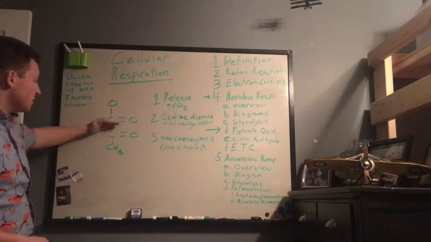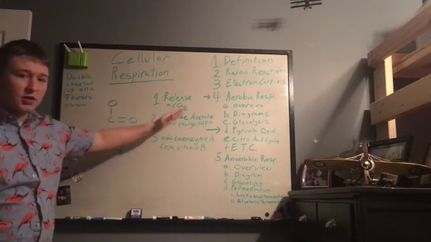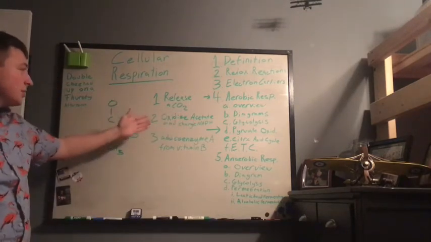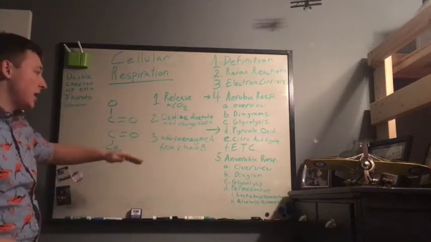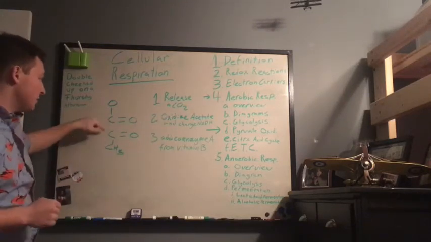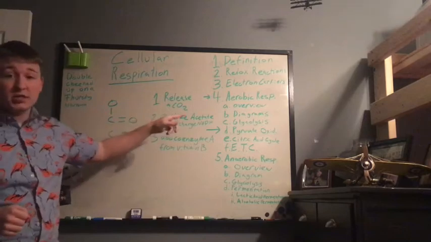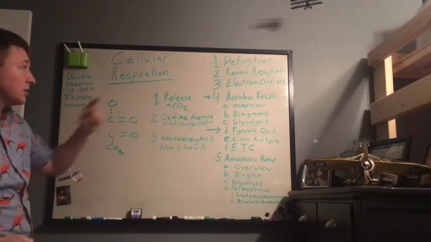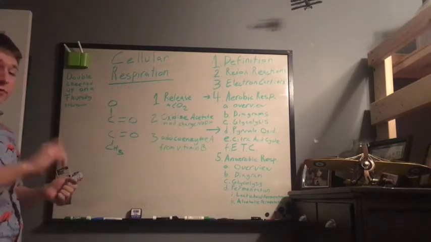Then this molecule is called acetate, but it gets oxidized, and electrons are ripped off of this acetate, and it charges NADH. So it's like our batteries, the electron carriers. So that goes down the line.